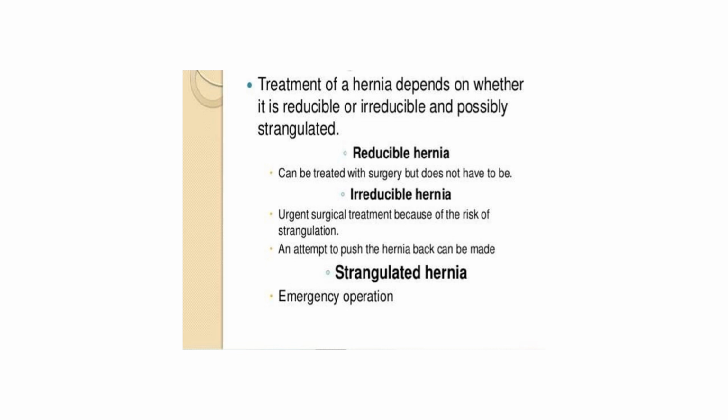If the hernia is reducible, as I told you before, and can go back to its place through manipulation, then surgery is not needed. If it is irreducible, then it needs emergency care or surgery and urgent treatment, and in the case of a strangulated hernia, the baby needs an emergency operation.